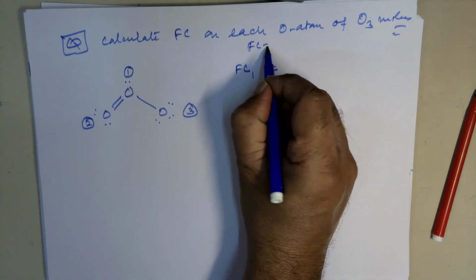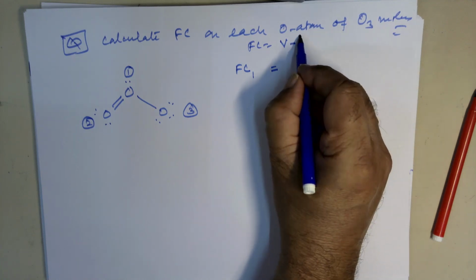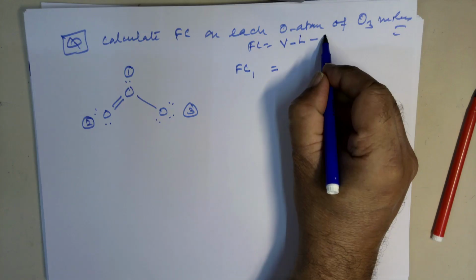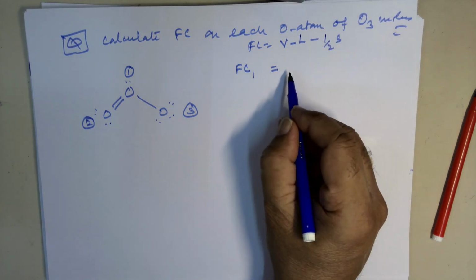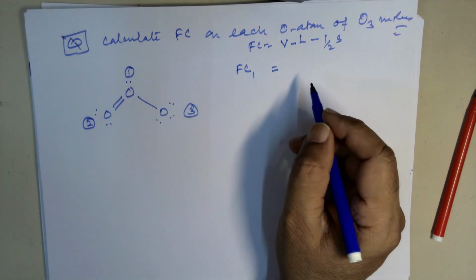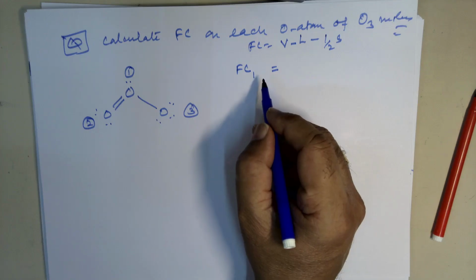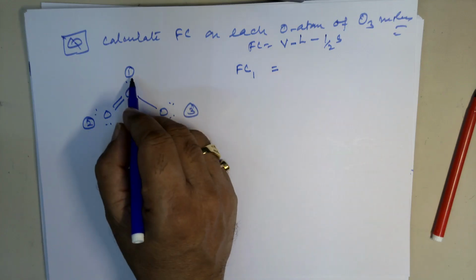FC is equal to V minus L minus half of S. What is the total number of valence electrons for oxygen?